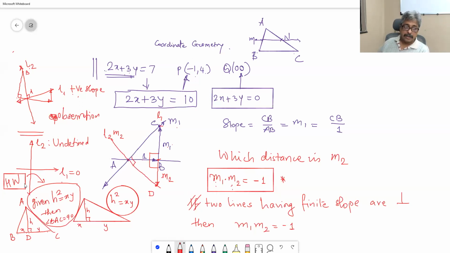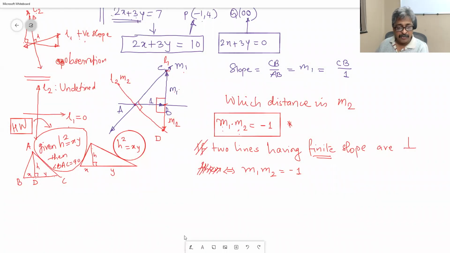So if you could get through this homework correctly, then I can say that this theorem is if and only if. Okay, I know that it is if and only if, therefore I am proceeding with this. If the product of the slopes of two lines is -1, they are perpendicular if the slopes are finite, else they are parallel to x-axis and y-axis, which is a simple case.